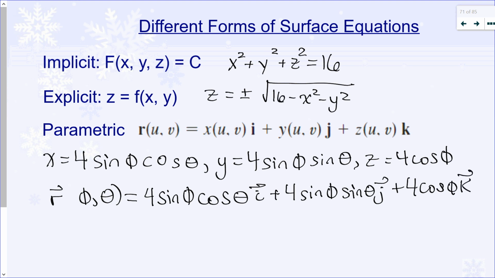You'll find these two used interchangeably just depending on what your needs are. Any questions so far?